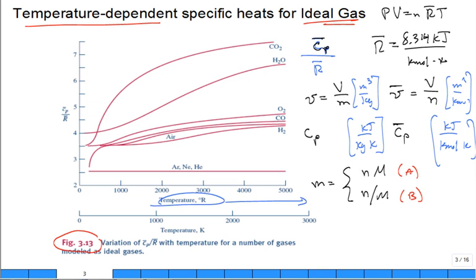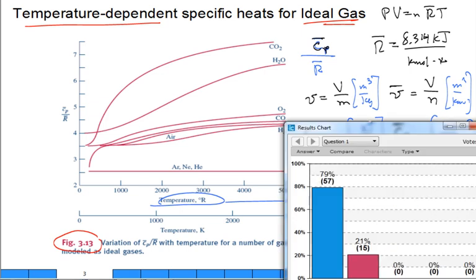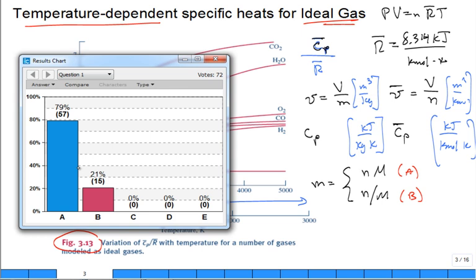All right, let's take a peek. So we're not unanimous, but we're pretty close. Isn't that correct? What are the units on big M, the molar mass? Kilograms per kilomole.